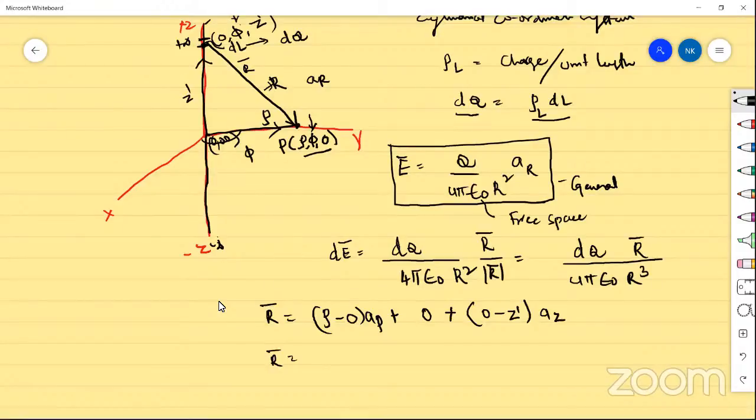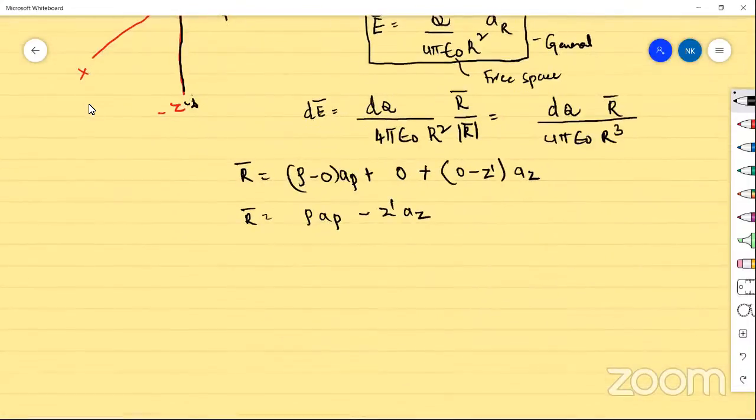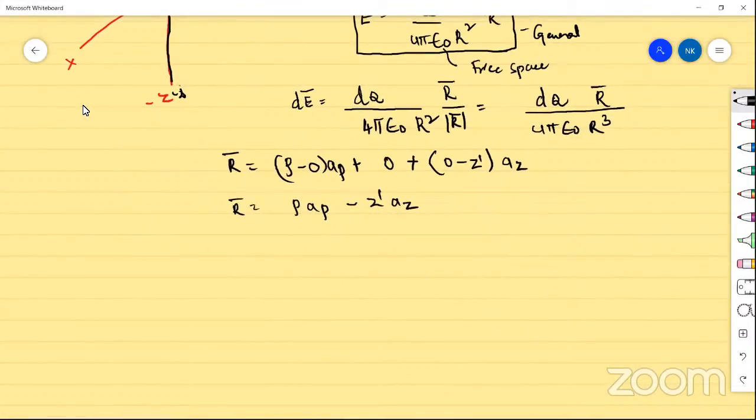So what is R bar? Rho a rho minus z dash a z. Okay, now we'll try to substitute these values.